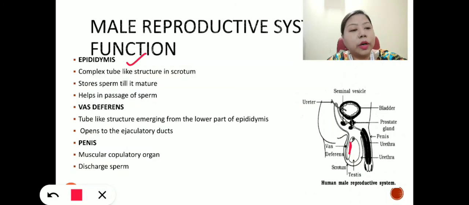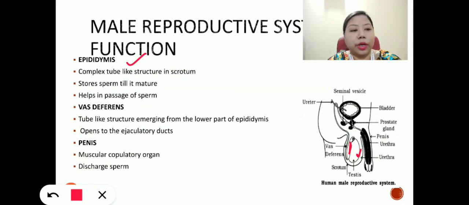The sperm is produced in the testes, and from the testes it has to move out. So it will move out through the epididymis, which is a complex tube-like structure.